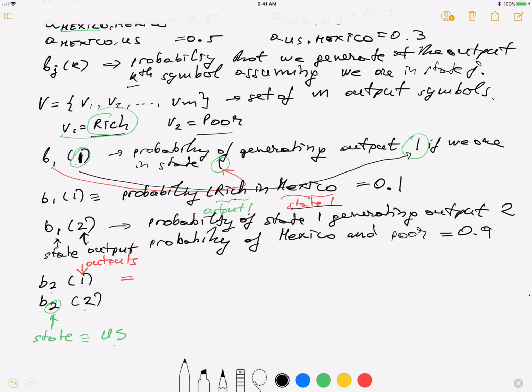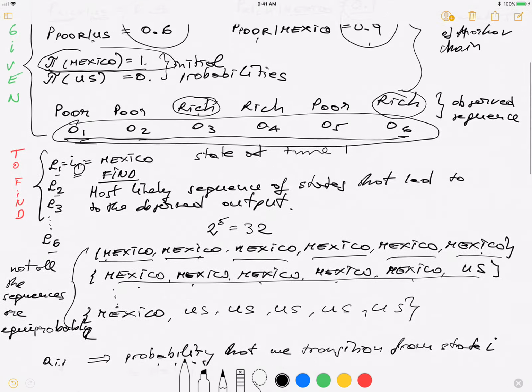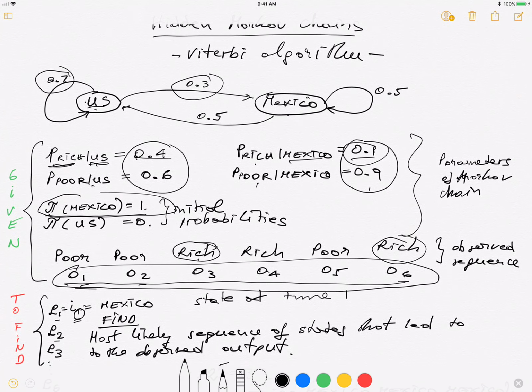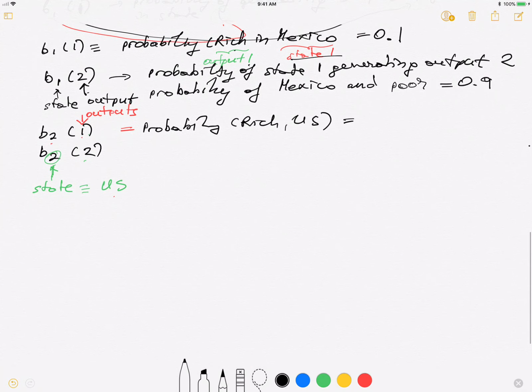This is the probability of rich in US, which is 0.4. And finally, the last probability is the probability of poor in US, which is 0.6. So these are our probabilities.